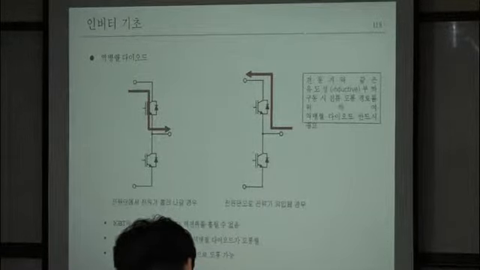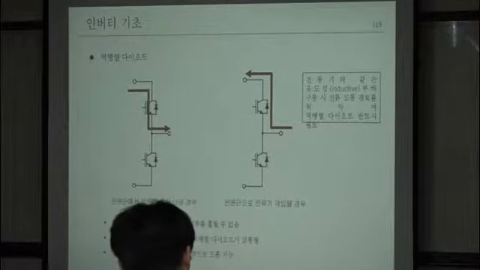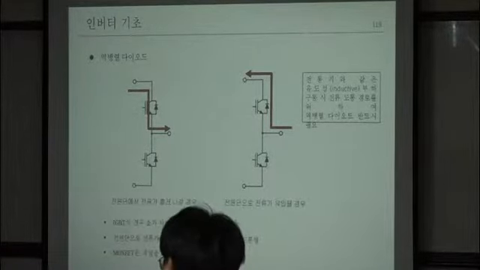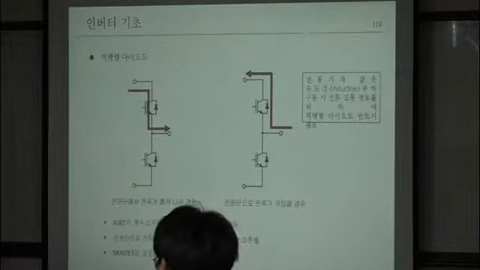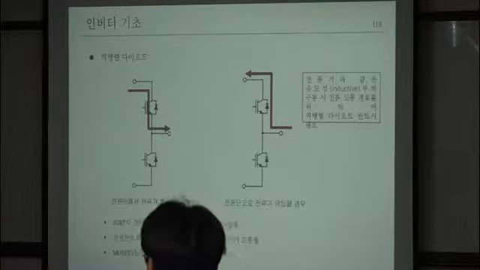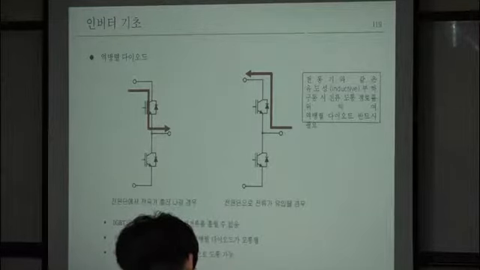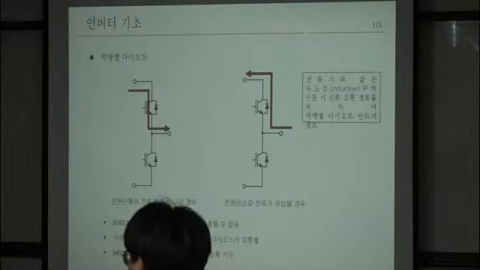Then for normal applications, if your application doesn't require very, very high performance, we usually use fast recovery or ultra fast recovery. If you want to implement very high power conversion systems, actually it's very difficult to purchase the Schottky diode. There are no selections. Then you need to go with the ultra fast recovery diode. Okay? If you want to use the general purpose diode in your power conversion system, you shouldn't put them in here.